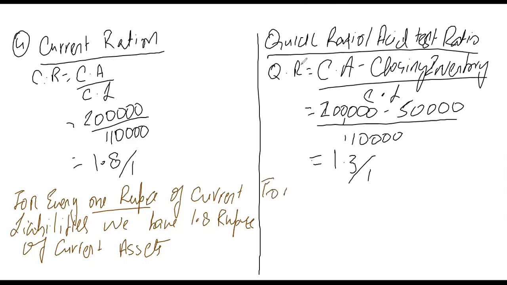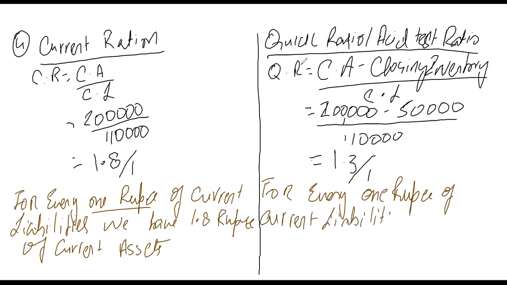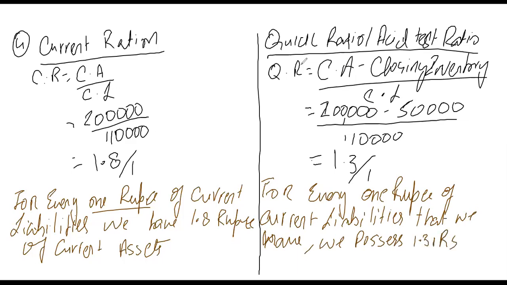So for every 1 rupee of current liabilities that we possess, we have 1.31 rupee of quickly convertible to cash amount.